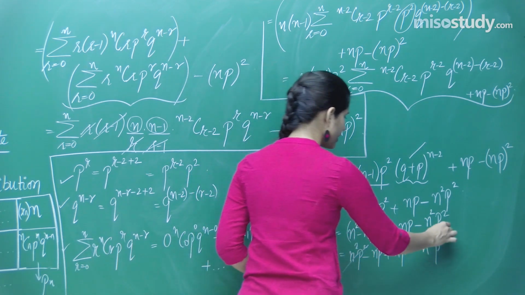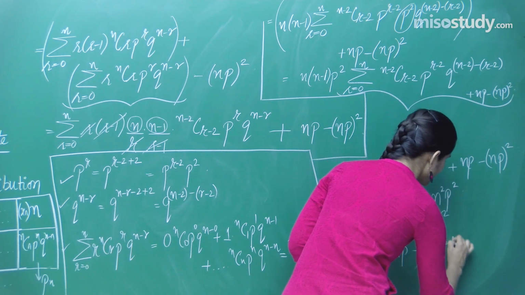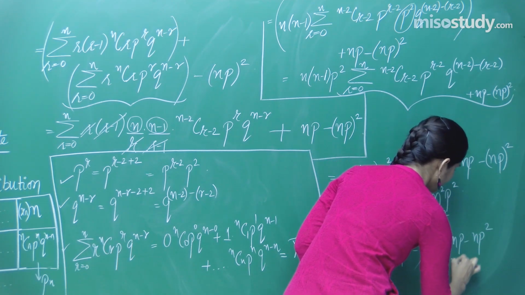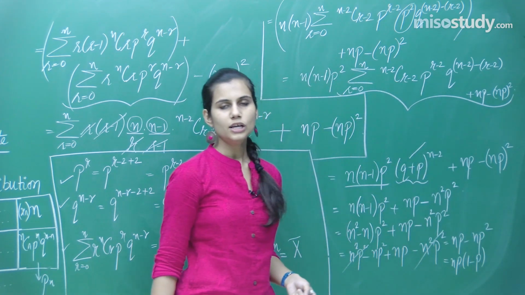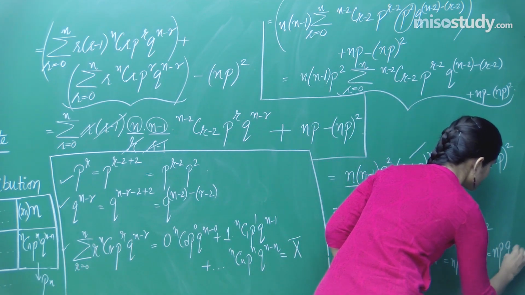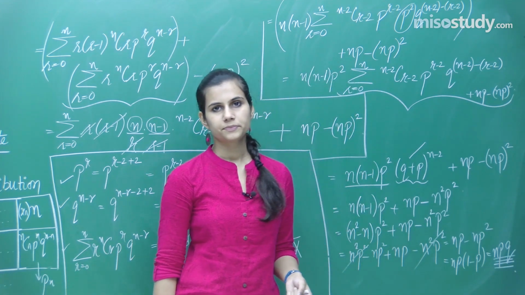This n square p square cancels. You are left with np minus np square. Np comes out common, you have 1 minus p, but p plus q is 1, so 1 minus p is q, and therefore npq is your variance.